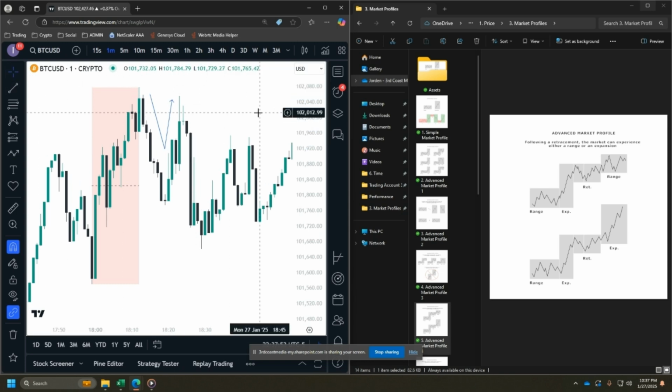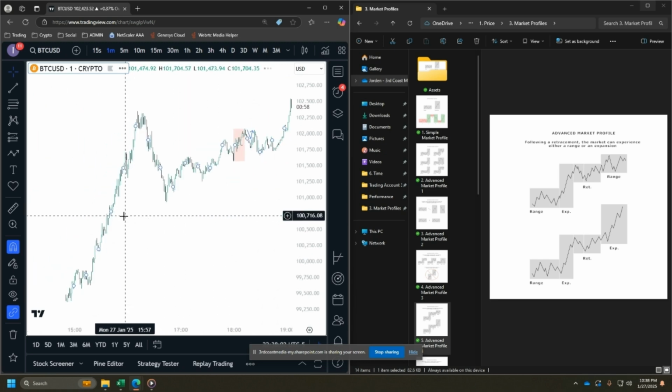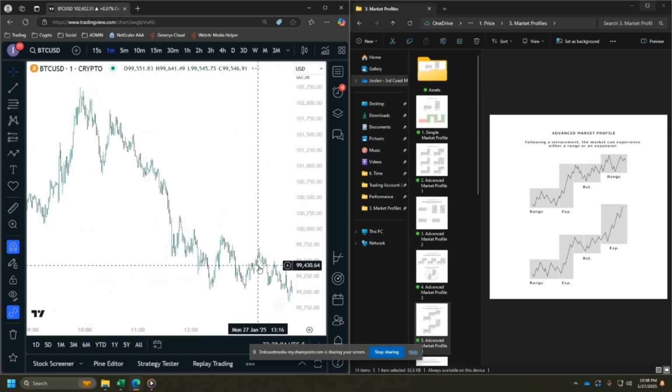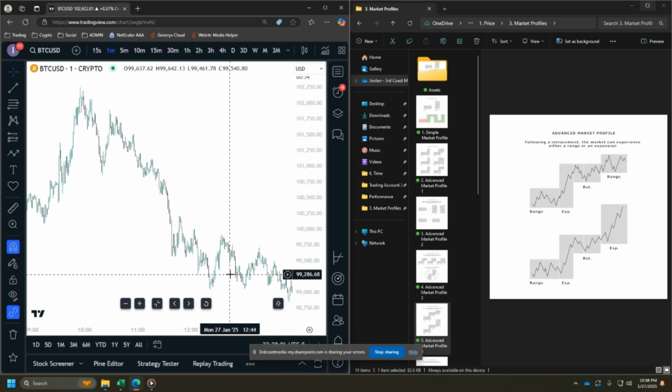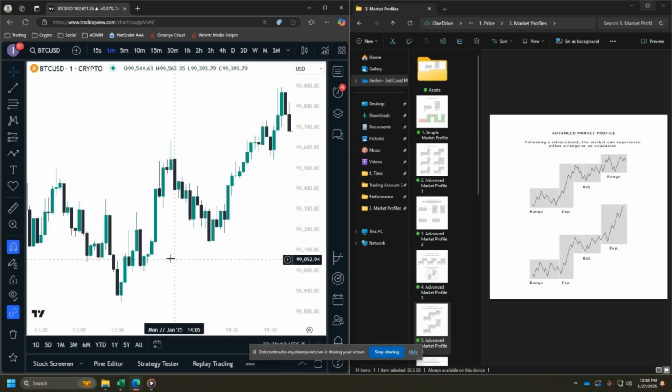So you can see there's a retracement right there. If we just go through the chart, we can see other places where price had retraced.